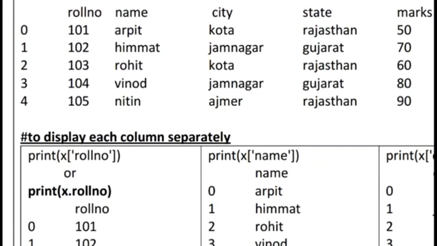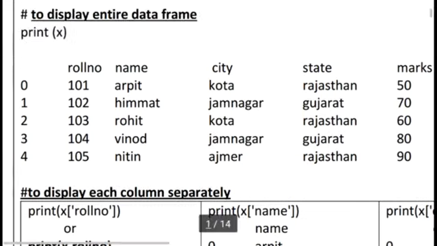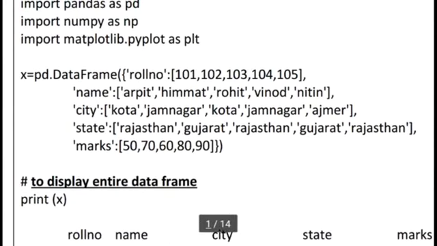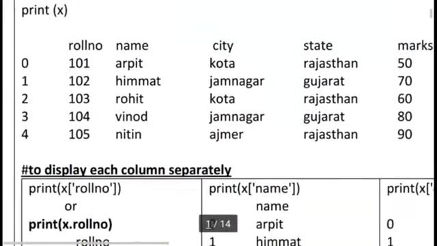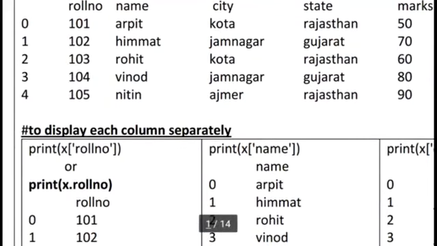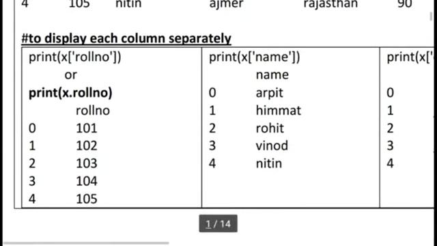Roll number is our first column, or we can also say this is our key, and because this is a string we already used roll number in single quotes, so here also I am using single quotes around roll number, enclosed in square brackets. So you can see the roll number column directly.